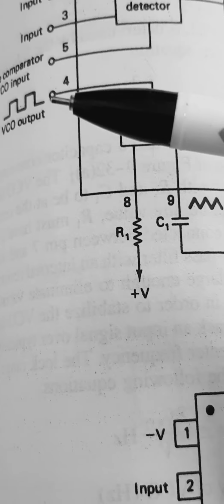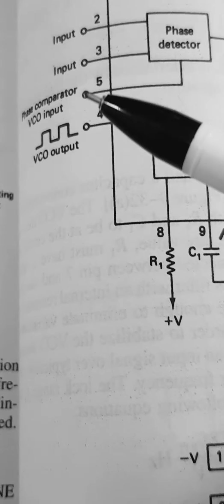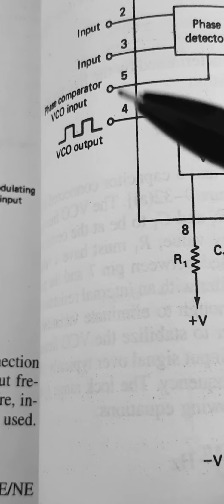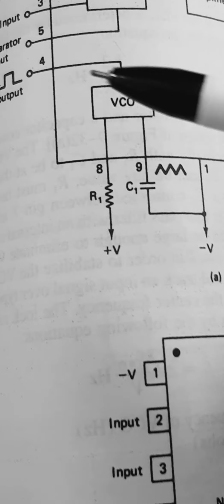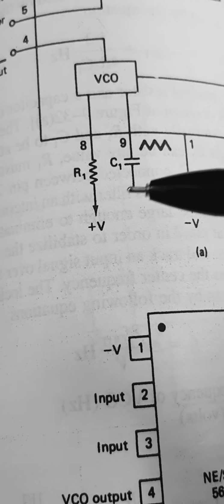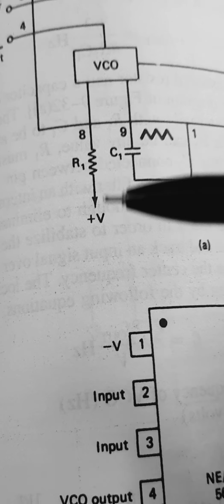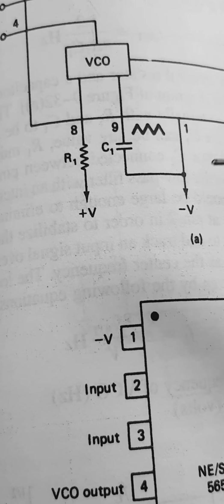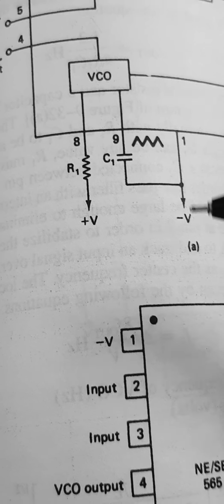Here you can have the VCO output. The fourth pin is VCO out. The fifth is the phase comparator VCO input. Then here you can have the VCO, R1 connected to plus V, C1 connected to minus V.